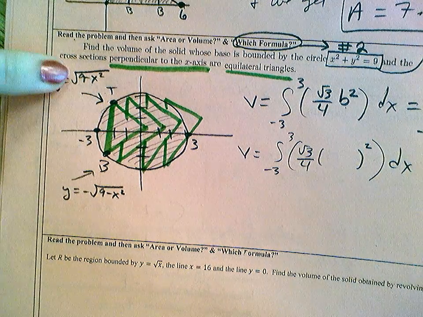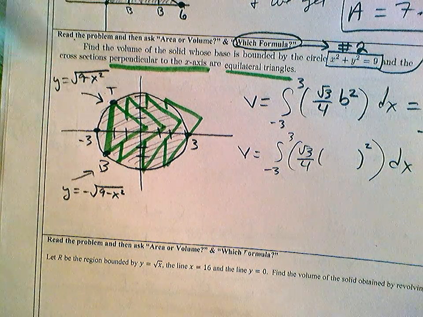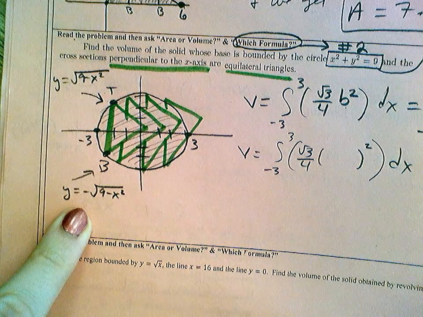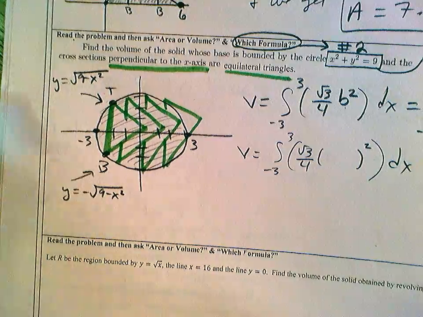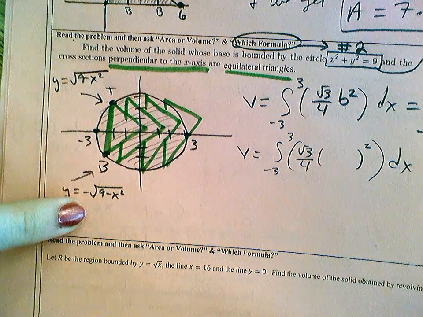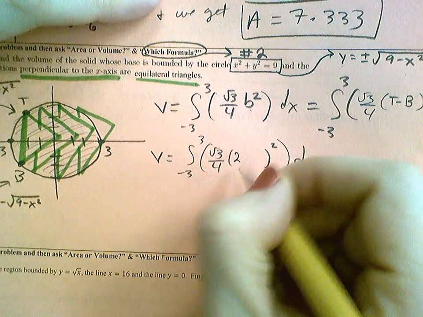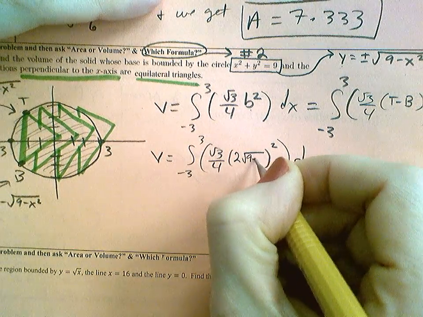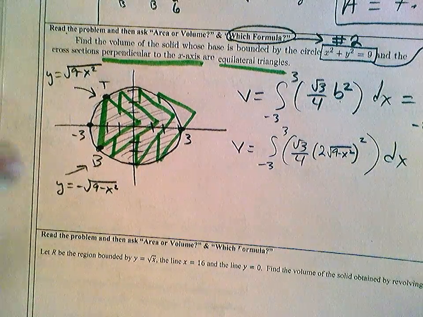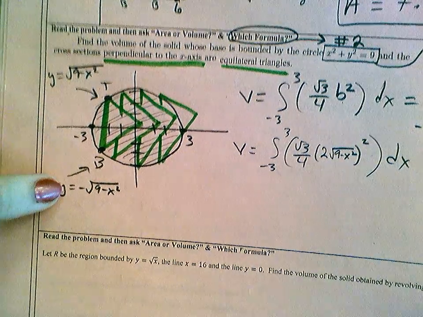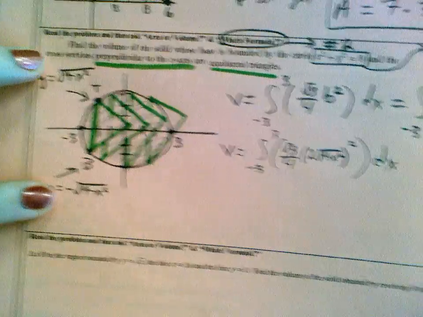It's radical 9 minus x squared minus negative radical 9 minus x squared. You're subtracting a negative, so you're really adding these, and they are the same thing, so you can combine them. You're going to have 2 radical 9 minus x squared.